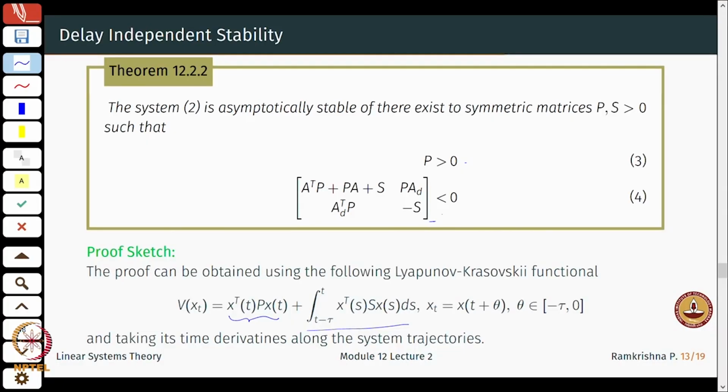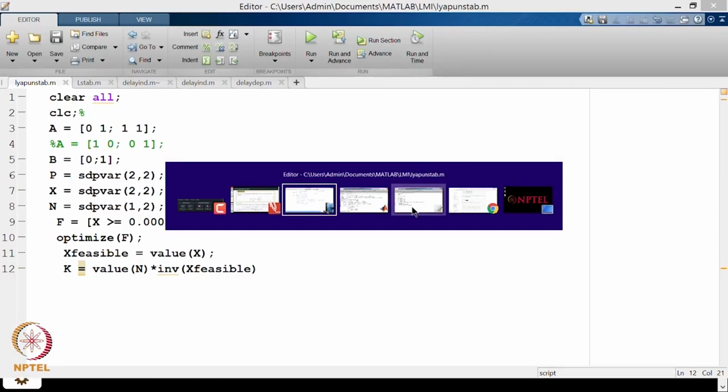So, look at this. This is what I am interested in solving: P greater than 0, and again matrices S which are also positive and symmetric, such that this LMI holds. Okay. So, I will just quickly show you some examples again.